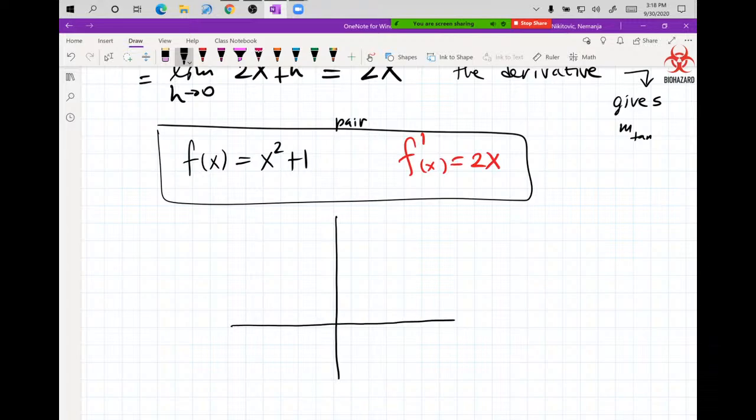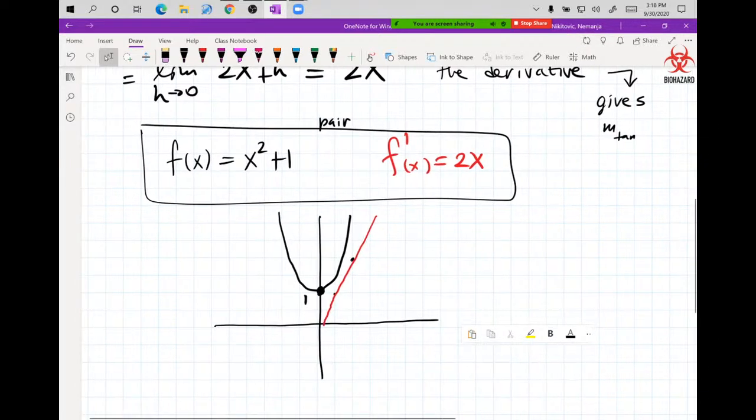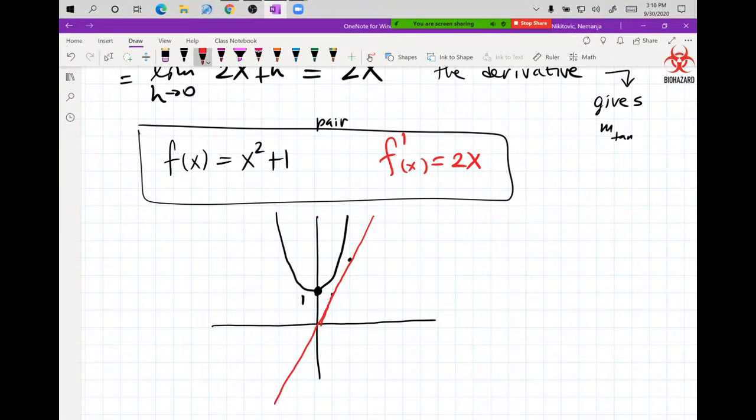So we have the x squared plus 1, that's a parabola. It's going to be lifted 1 unit, so that's 1. And the other one has a slope of 2, so the other one is a line like that. So this is my f prime, and this is f.